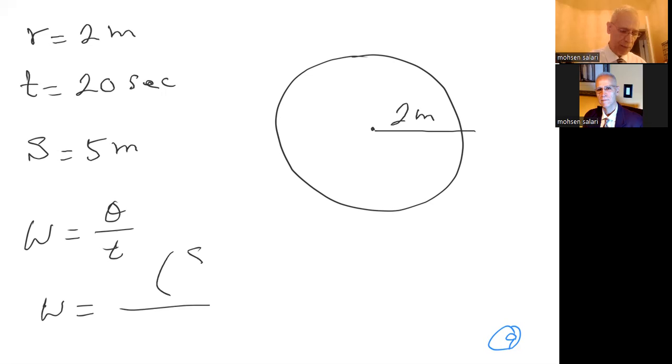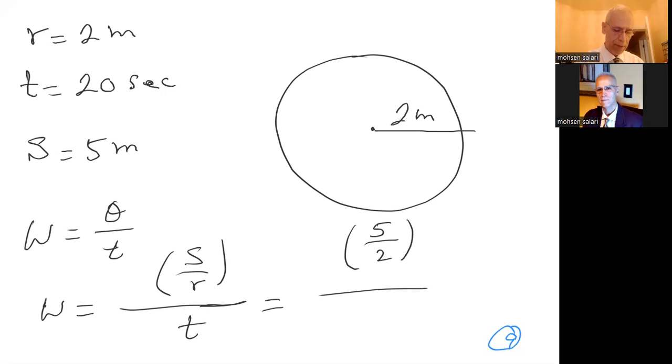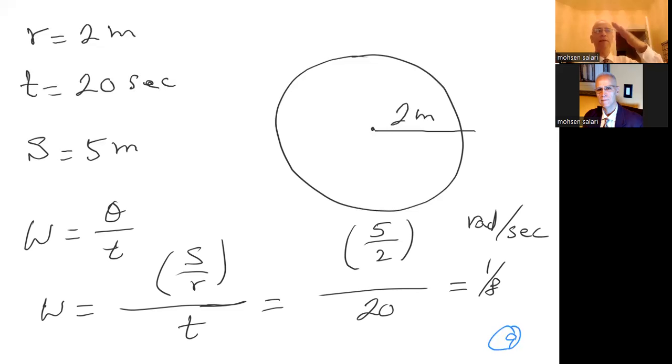Theta is S divided by R, and divided by T. So S is 5, radius in this case is 2, divided by 20. And that simplifies, if I multiply top and bottom by 1/20, to 1/8 radian per second. So the angular speed, omega, that's how fast the theta is growing, is 1/8 of a radian per second.